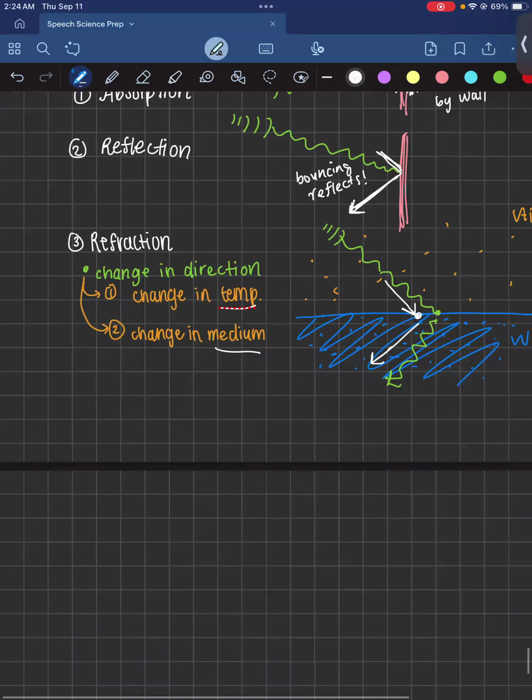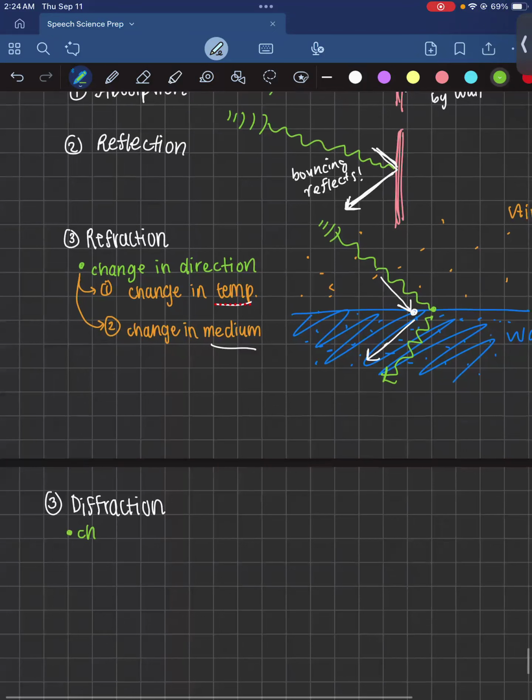So then by contrast, we have diffraction. So what is diffraction? Well, once again, diffraction is a change in direction. But the reason for this change in direction is a little bit different. With diffraction, it's not because of a change in temperature or change in the medium. It's actually because of obstacles.